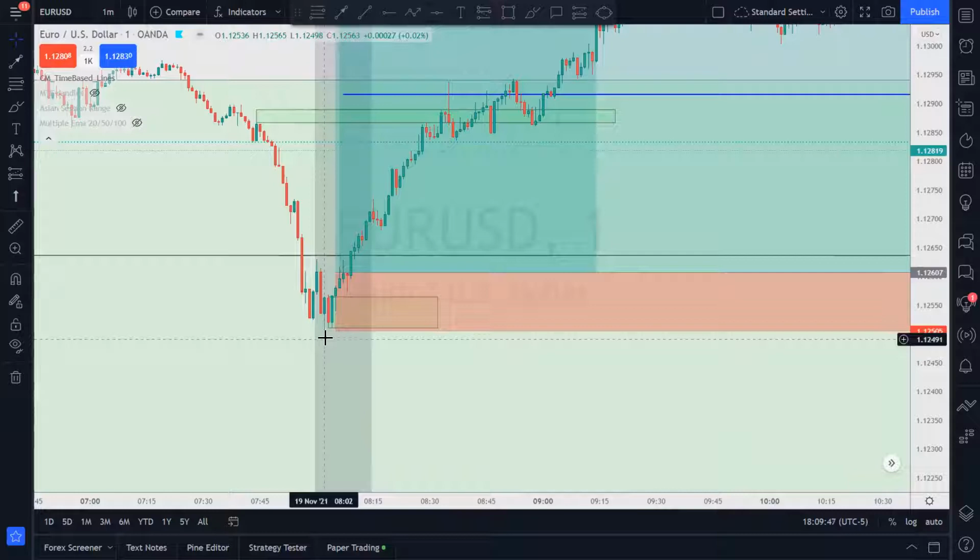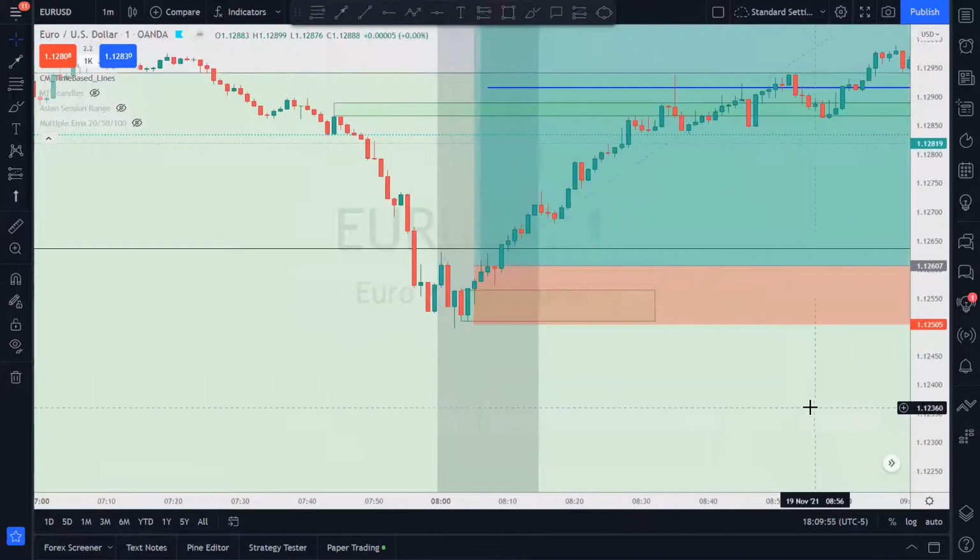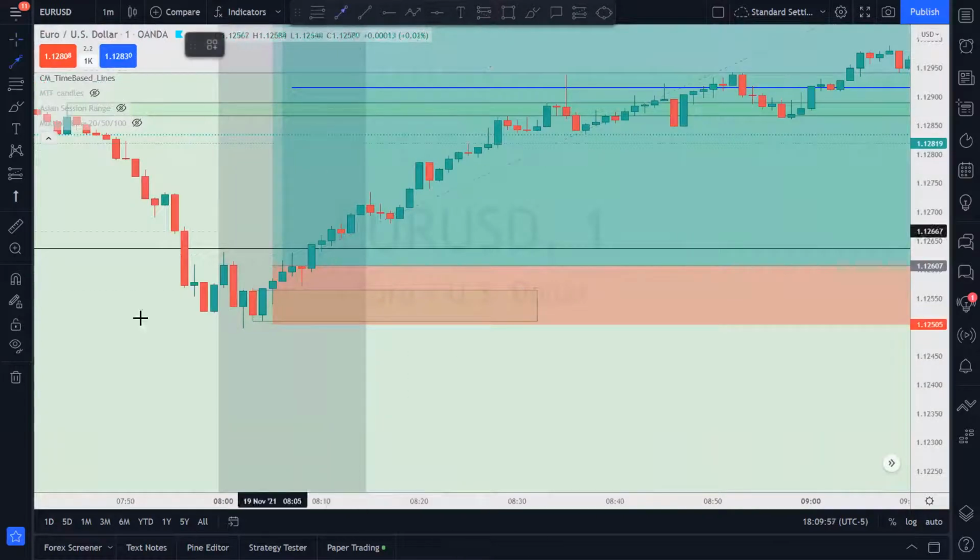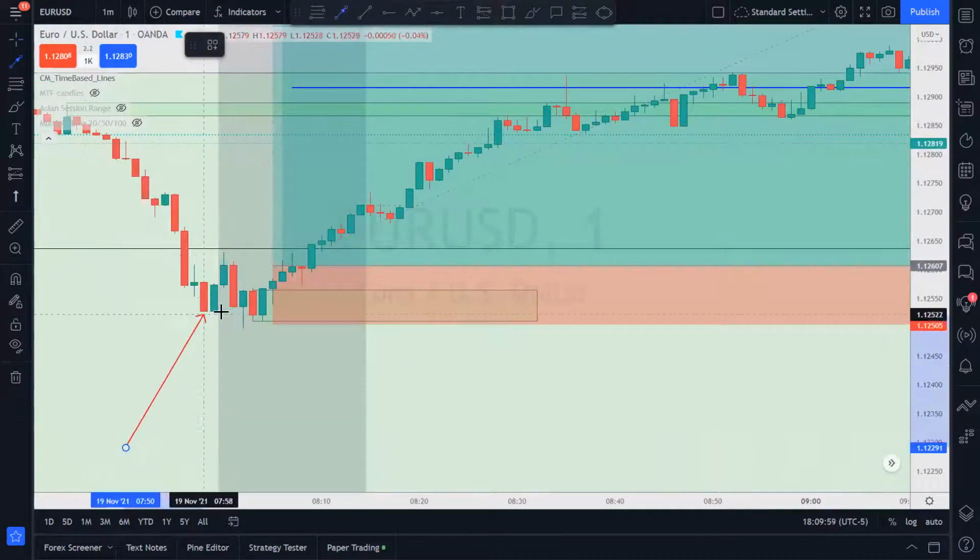So I'm looking for price to come back up. And what did it do? It tested this bearish order block here. It came down, tested it, retraced.